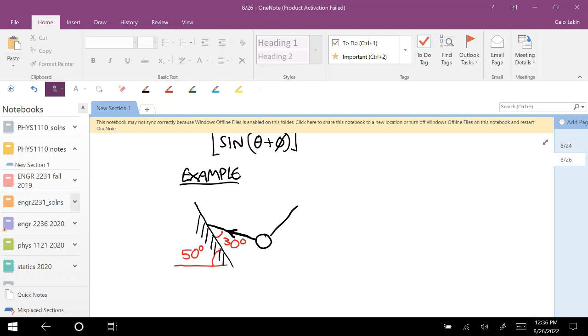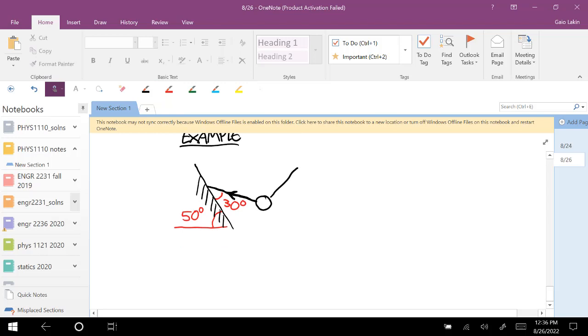Well, the first step is to choose a vector that's parallel to the wall, because the wall is our reference line. We know that this angle is measured relative to the line of this wall. You follow what I'm talking about? Okay, so choose a vector that's parallel to that line.